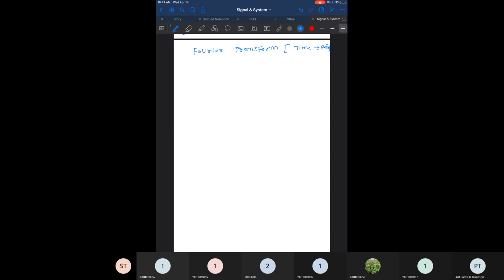What is available is the signal in the time domain, and what we need to find is the signal in the frequency domain, that is known as G of F. So this one is known as the frequency domain signal, and the first one is known as the time domain signal.